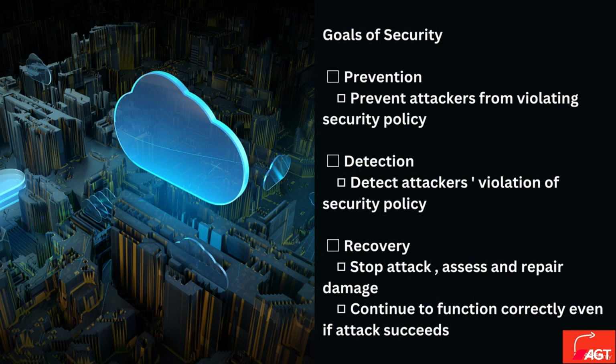Security teams can take action to stop more damage thanks to detection methods that reveal assaults that have already occurred. The goal of recovery steps is to halt the assault, evaluate and fix any damage, and guarantee that the system can continue to operate properly. Businesses and organizations may safeguard their cloud resources from security threats and guarantee the safety and security of their cloud environment by putting in place efficient security measures.